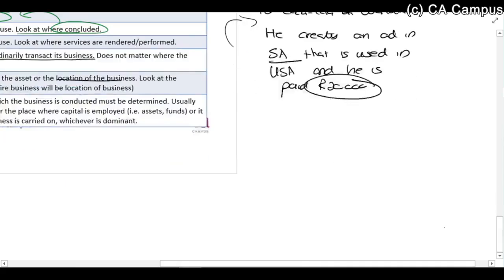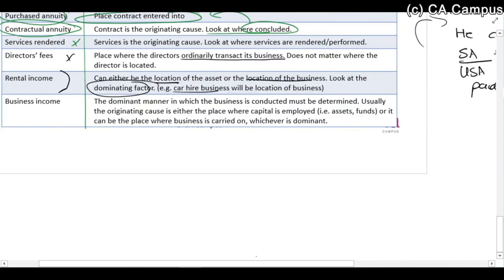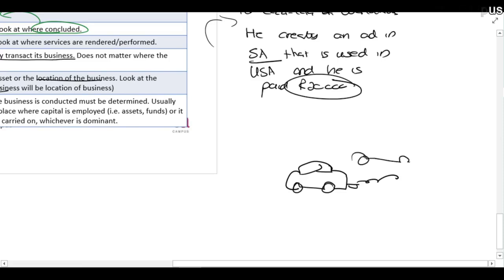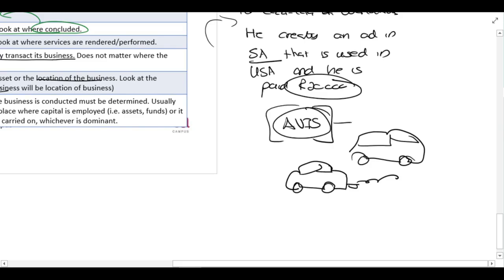But now, the example I say here, car hire business, is different. So here's our vehicle, and we have a lot of these cars which we rent out to people. So we are like Avis, a company like Avis. This branch of Avis is situated in Johannesburg, South Africa, and they've got lots of these cars, say 100 cars.